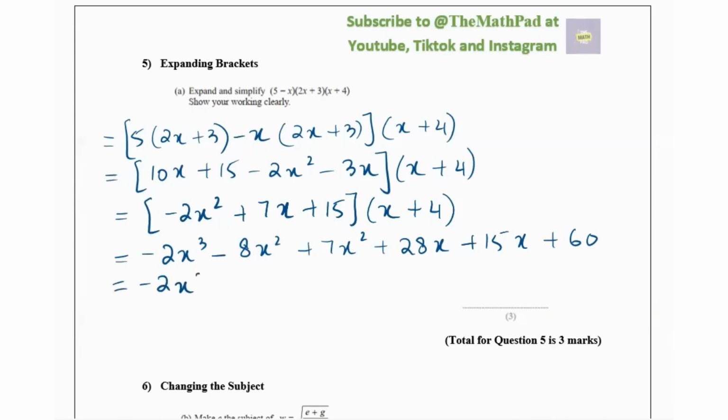Negative 2x cubed comes as it is. Negative 8x squared plus 7x squared is going to be negative x squared. 28x plus 15x is going to be 43x. And 60 comes as it is. And that's your expansion of the triple bracket. So remember, always expand two brackets first, and then whatever result you get, you multiply it with the third bracket.